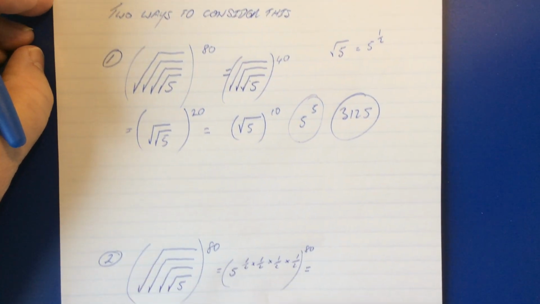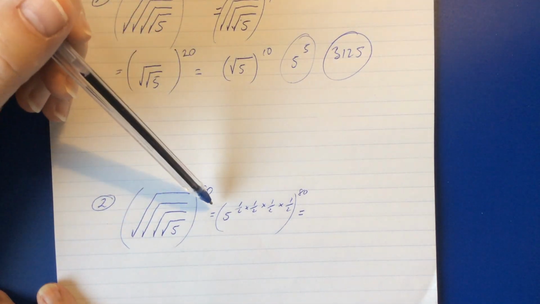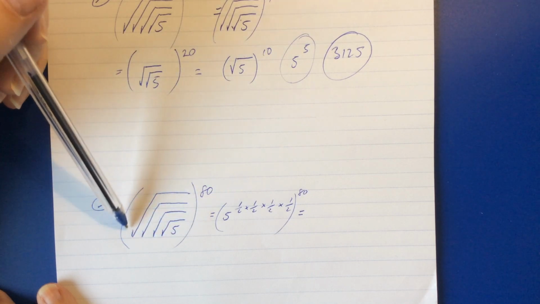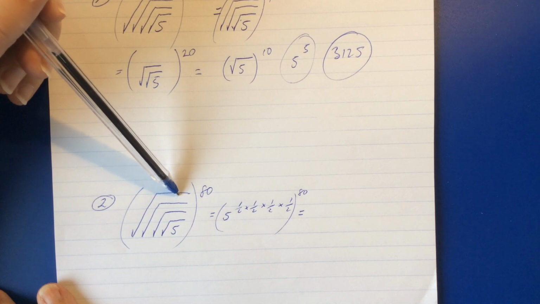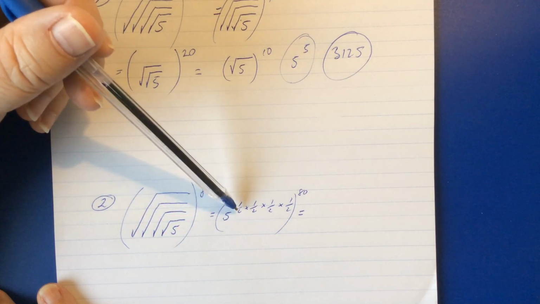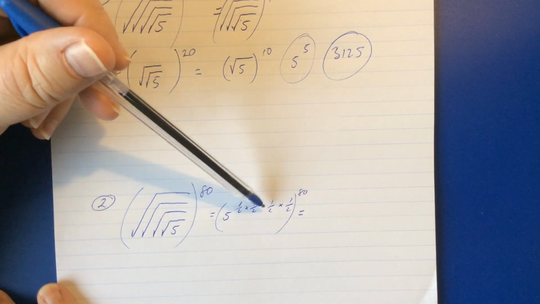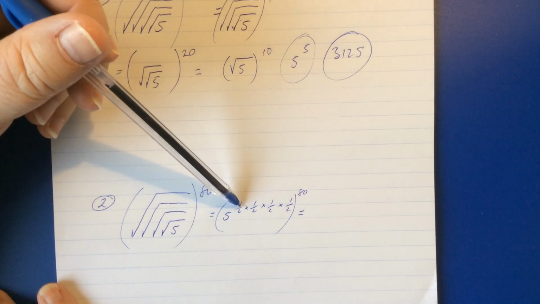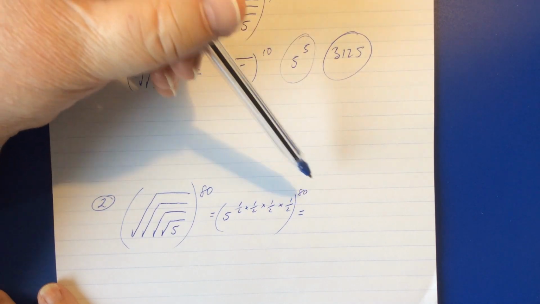Now, another way of looking at this, and this will be really quick because it's essentially the same thing. What we can do is convert the inside of this bracket to a series of integers. The first one here is 5 to the power of a half, to the power of a half, to the power of a half, to the power of a half, which has the effect of giving us 5 to the power of a half times a half times a half times a half times, of course, 80.